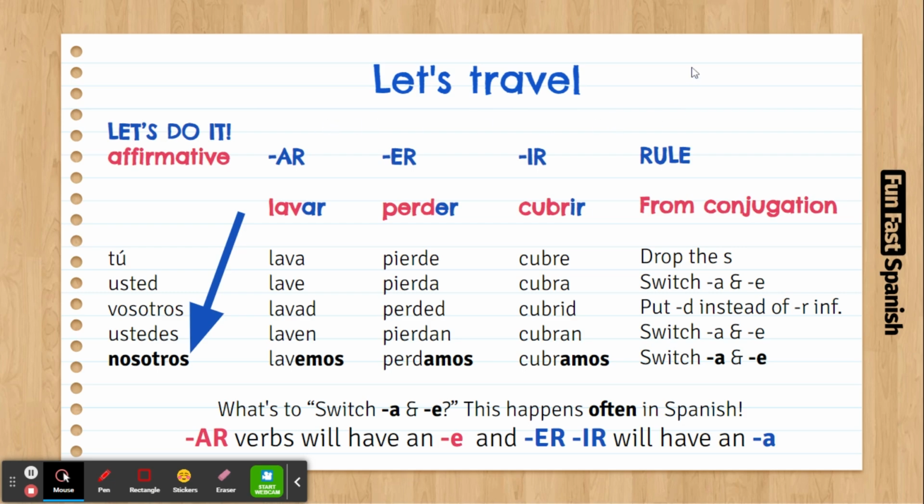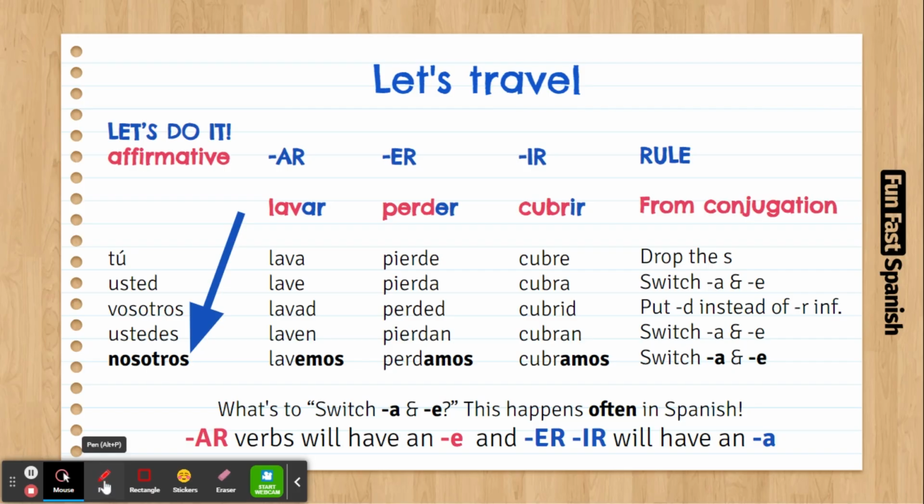people to do stuff. Well, we already talked about how to make imperatives, how to give commands, and when you want to say let's do something or let's not do something, it's actually a part of the imperatives. Why?